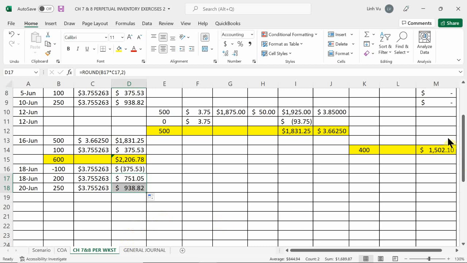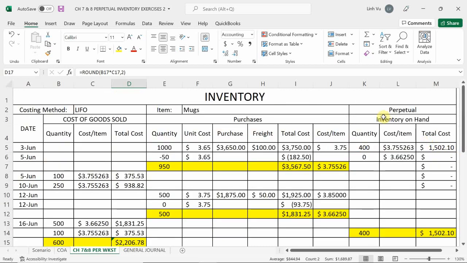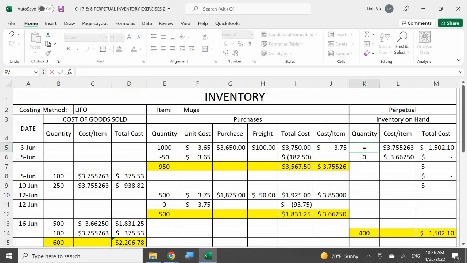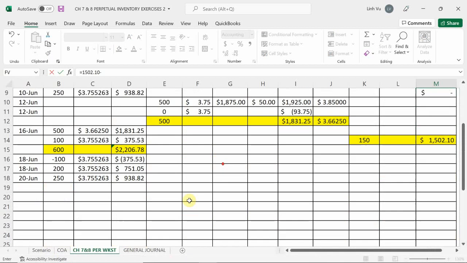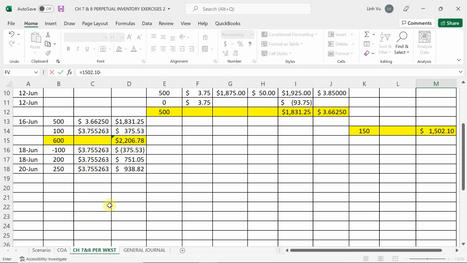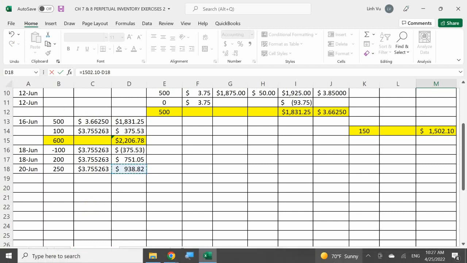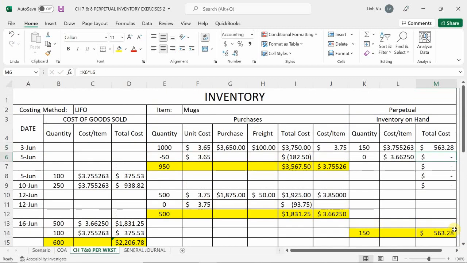Then I need to go up here and update my inventory, because I no longer have 400. I sold 250, so I should have a remainder of 150. This is $1,502.10 minus $938.82, which gives a grand total of $563.28.